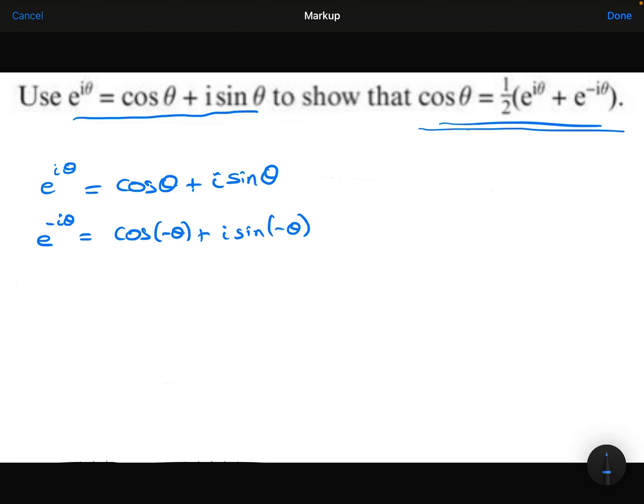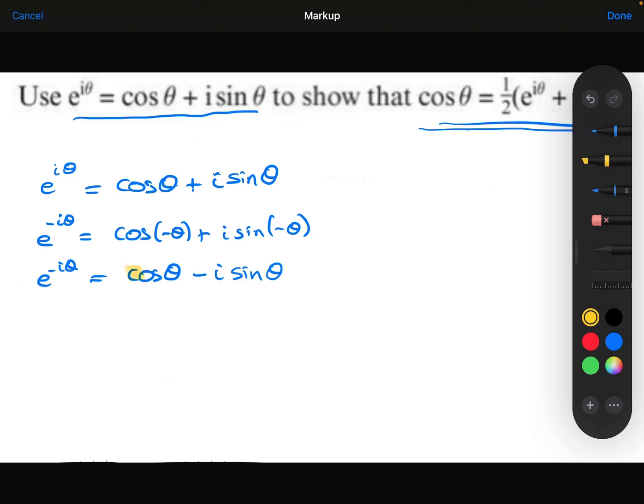And as we've seen before, cos of minus theta would be the same thing as cos of theta, and sine of minus theta is the same thing as minus sine theta, because cos is an even function and sine is an odd function, hence why the minus just goes there.